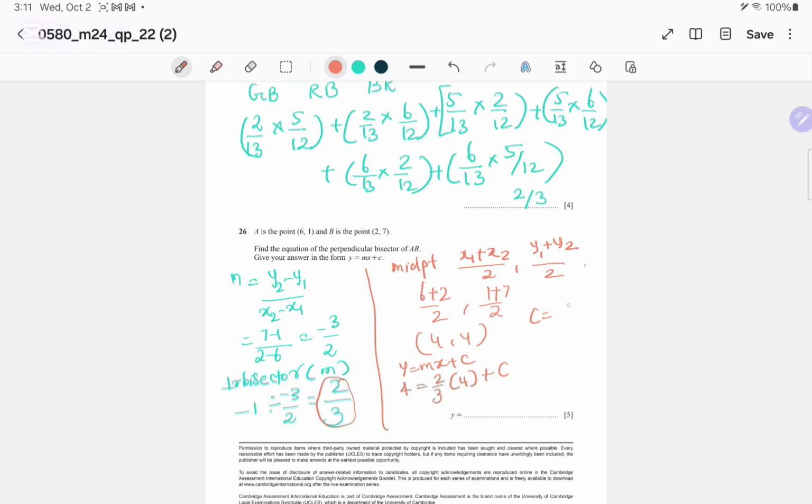C is equal to 4 minus 8 by 3, which is equal to 4 by 3. This is the c value, calculated separately. Now, altogether, the equation is y equals 2 by 3 x plus 4 by 3. With this we complete the paper. Thank you.